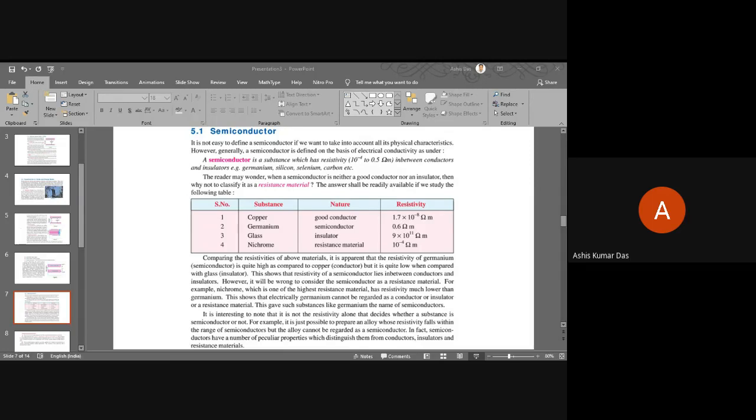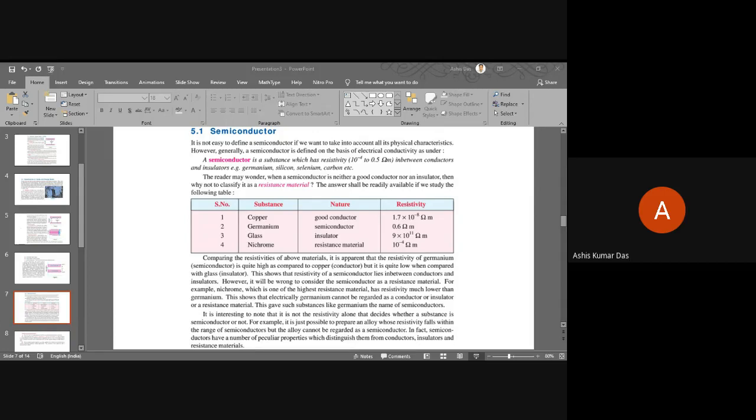The resistivity of copper is 1.7 times 10 to the power minus 8 ohm meter. That means the resistivity is very low, which is why copper is a good conductor.